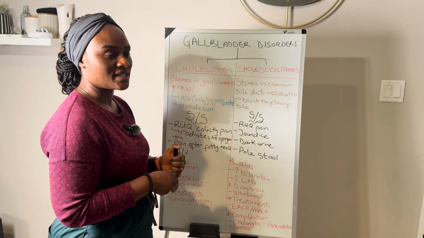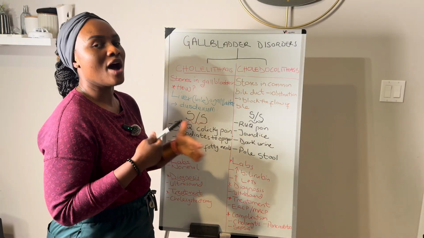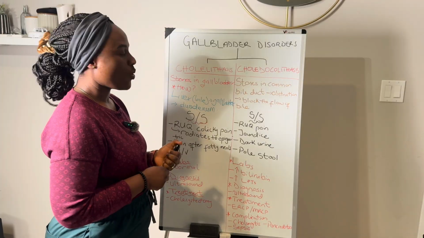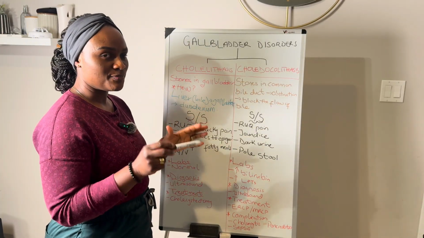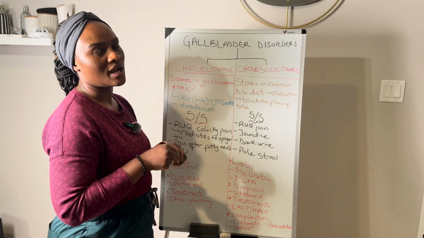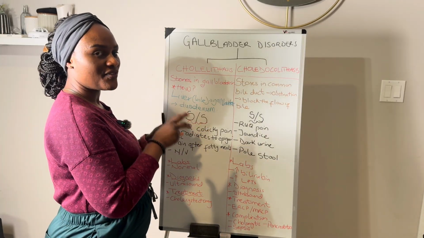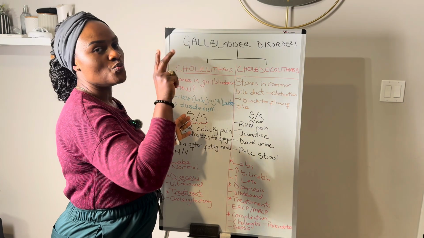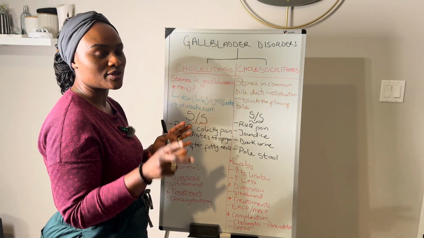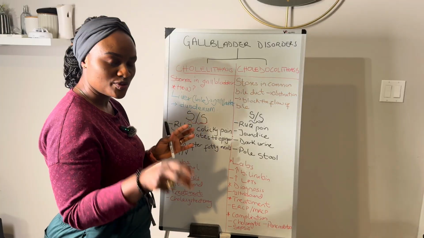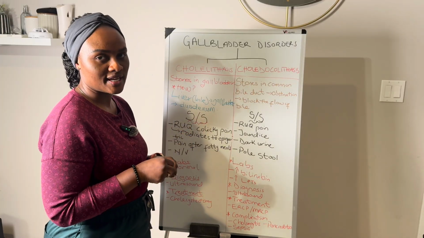Now the question is, how do we even get the stones? One thing we should know is that your liver produces bile, and this bile is stored in your gallbladder. It is the function of the gallbladder to move this bile through your small duct into your duodenum, or small intestine.